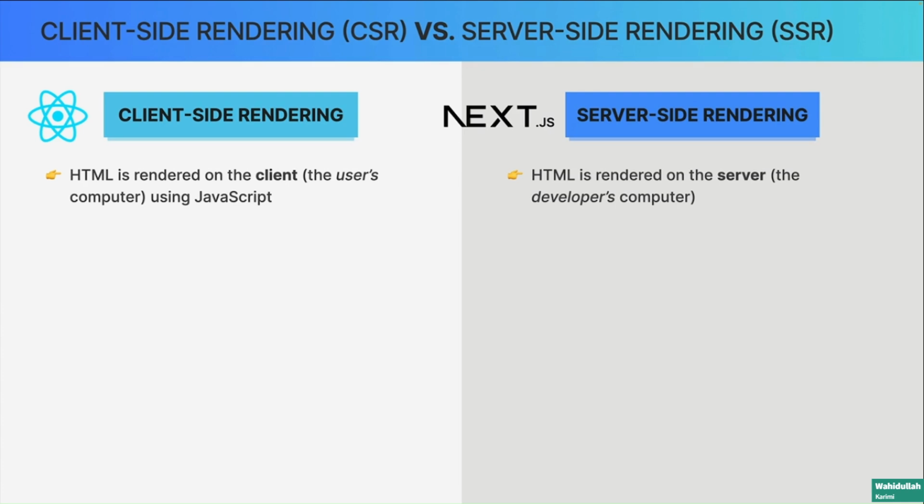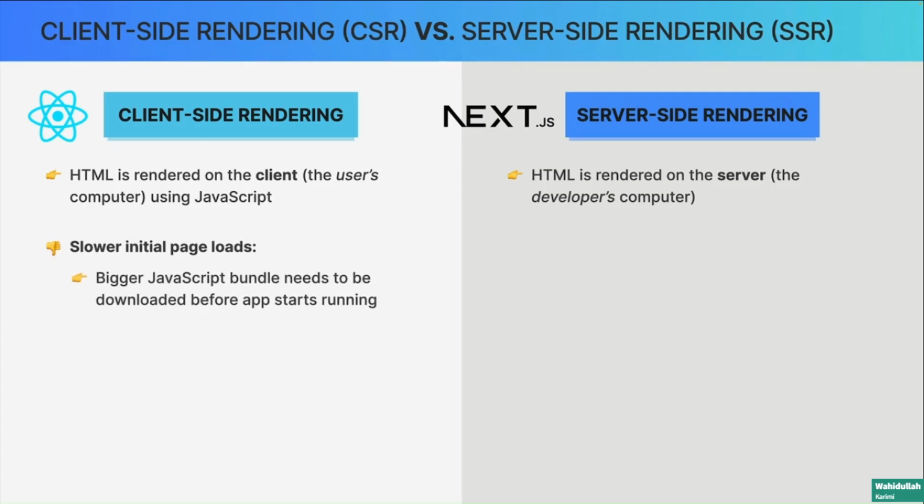So, the main problem with client-side rendering is the fact that it leads to slow initial page loads, because the JavaScript bundle that's required to render the app might be quite large and must be completely downloaded before anything else can happen on the page.